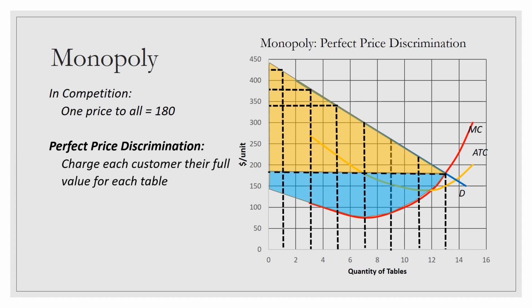Let's suppose that we do have a monopoly, but let's suppose now instead of that monopolist having to pick a quantity and charge one price to everybody, that that monopolist is able to produce a certain number of goods, however many goods they choose to produce, and charge each consumer the full value that the consumer places on that good.